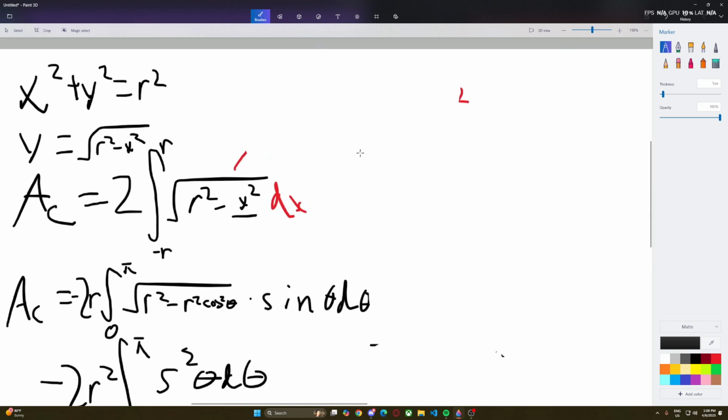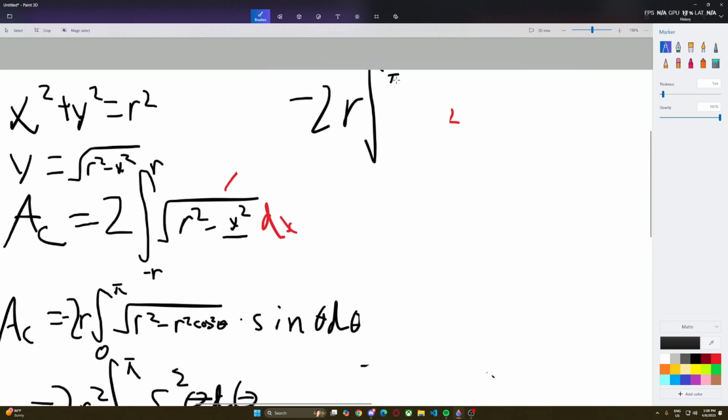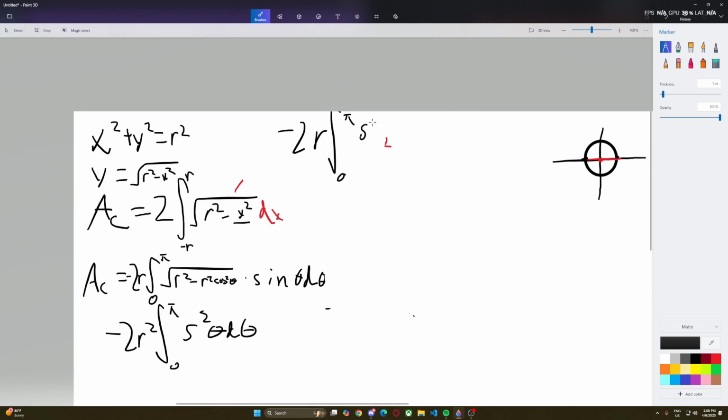So we get negative 2r integral pi to 0, and we get sine squared, 1 minus cosine 2 theta over 2 d theta. Now, what is this equal to? Oh, it's r squared. Now, to split up the integral, you just get negative 2 r squared multiplying the integral of 1/2 d theta pi to 0 minus the integral of 1/2 cosine 2 theta pi to 0 d theta.